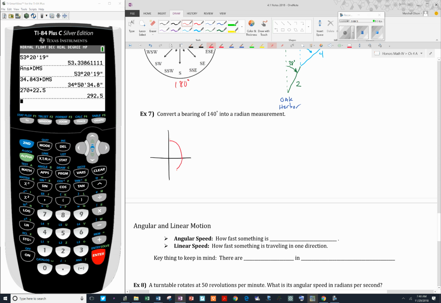All the way down to the negative y-axis would be 180. So how far short of that y-axis am I? 40 degrees short. Actually, let's do it this way. Let's look at a reference angle here. What would my reference angle be right there? How far past 90 did I go?